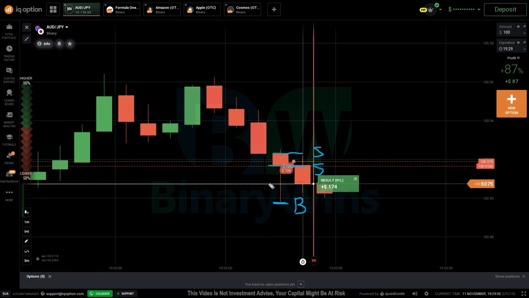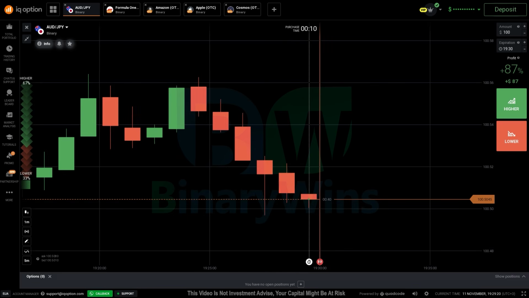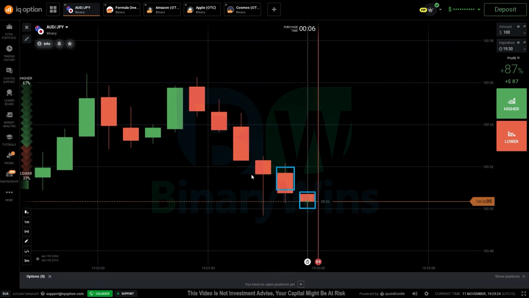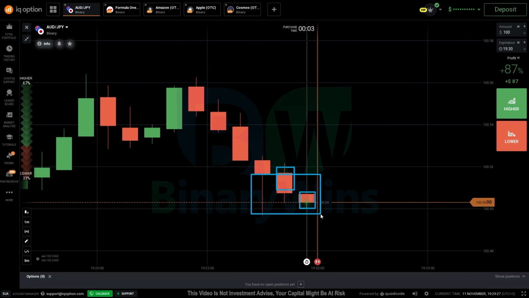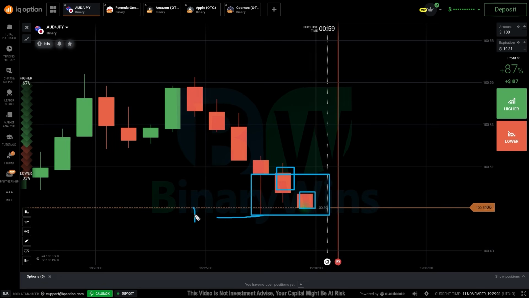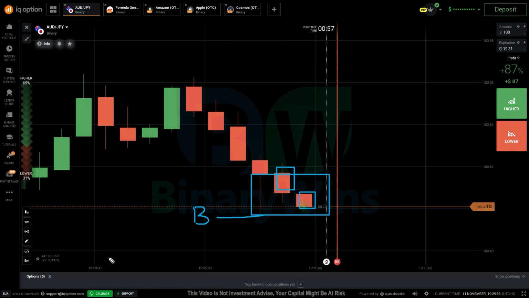So, this gap is most likely filled by sellers. As you can see, the market is trying to fill this gap to the buyer's place.